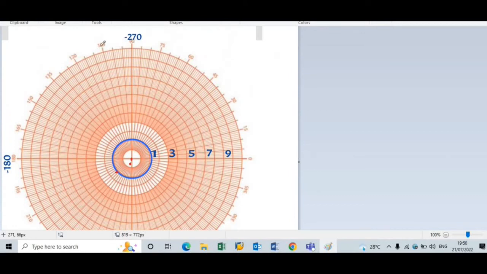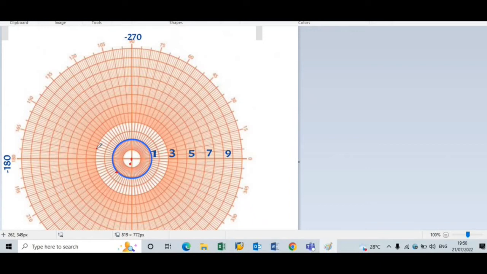Here is 105. So 165 angle is here. We have to select one line before this 165, that is angle 164. On this angle, we will select the circle with magnitude 3. So here is the point. We will select here. This is the point.